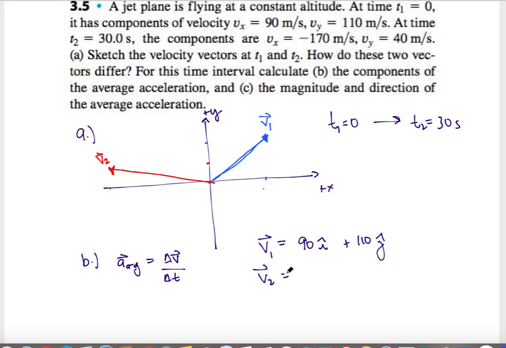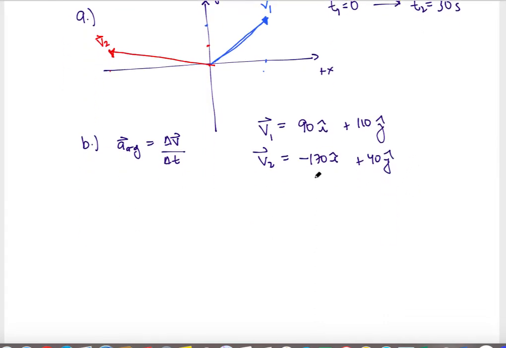Velocity 2 given as a vector is negative 170 i hat plus 40 j hat. So my average acceleration, since it's defined as change in velocity, is going to be v2 minus v1 over my time interval, which is just 30 minus 0 seconds.